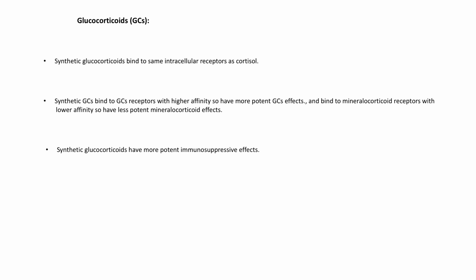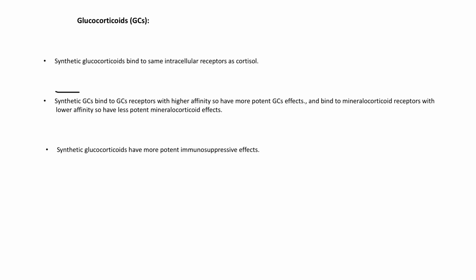So glucocorticoids have their effects through genomic and non-genomic effects. And synthetic glucocorticoids bind to same receptors in cytoplasm like cortisol. However, synthetic glucocorticoids bind to these receptors with higher affinity, so they have more potent glucocorticoid effects.